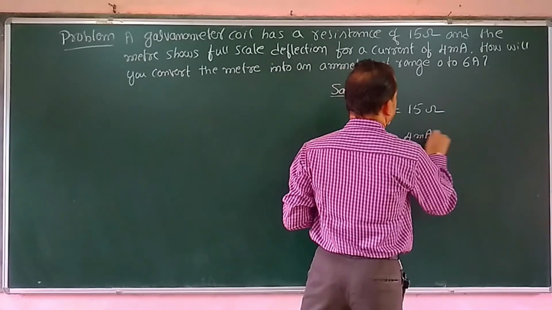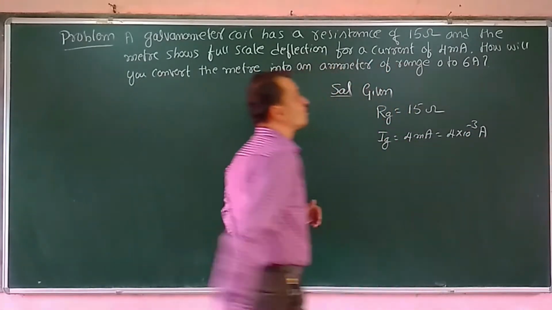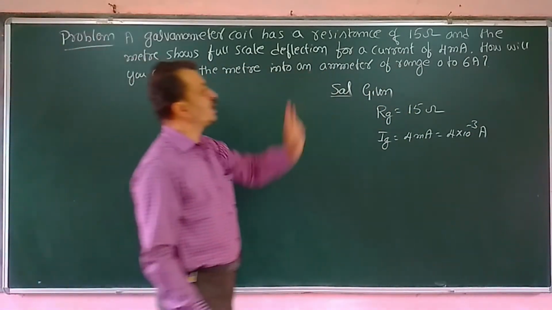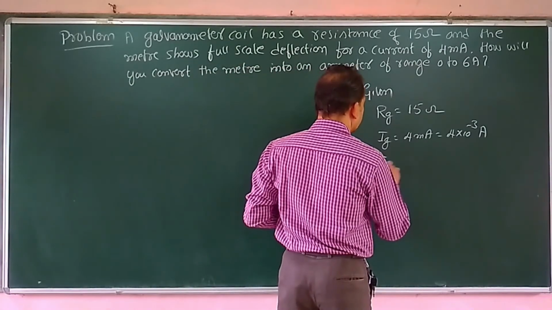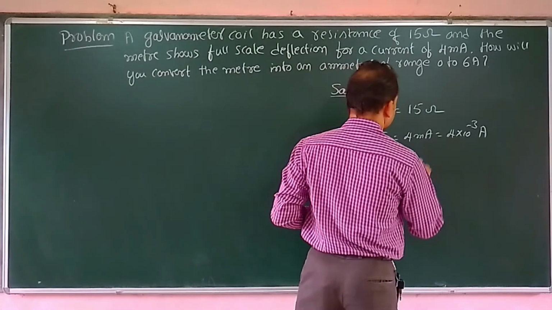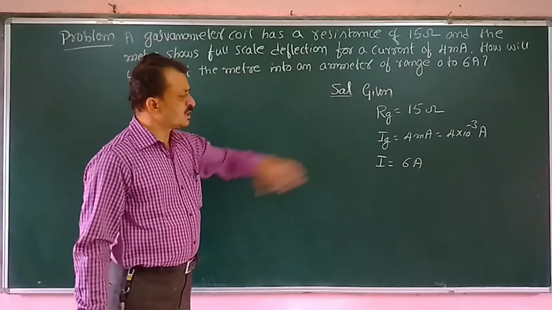It is 4 milliamps, that is equal to 4 into 10 to the power of minus 3 amps. Now we are going to convert that one into an ammeter of range. It has to read a maximum current of 6 amps. So these are the three things given.